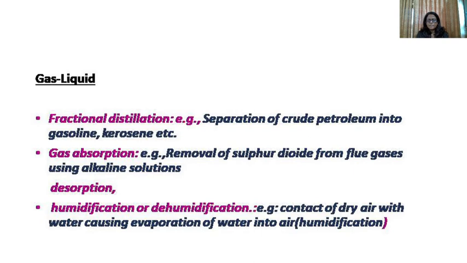An example: if you contact dry air with water, then some of the water may get vaporized and diffused into the air. This operation is called humidification. On the other hand, if you contact wet air with water, some moisture present in the air gets condensed and added to water. That operation is called dehumidification.